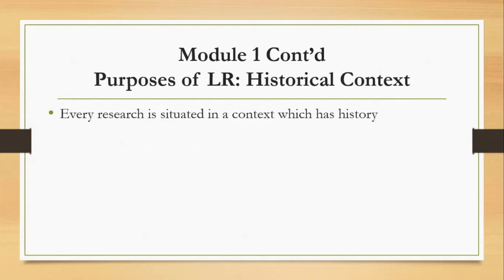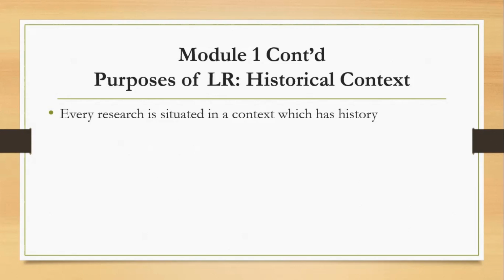If you have to situate it into how mental health started globally, how it was moved, how it was being treated by religious people, and how it moved into institutional care, and how it moved from institutional care back into the community. Every single research you pick has a history around it.